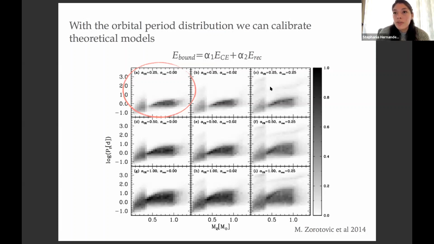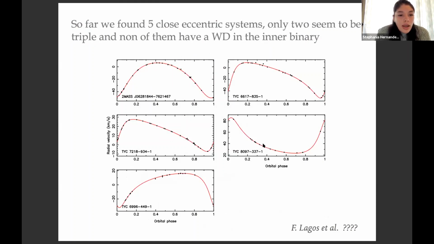And one of these energies that can be taken into account or can be added is the recombination energy. As mentioned before, we found that some post-common envelope binaries with long orbital periods show eccentric orbits, and that eccentricity in many cases can be explained by the interaction with a third component.